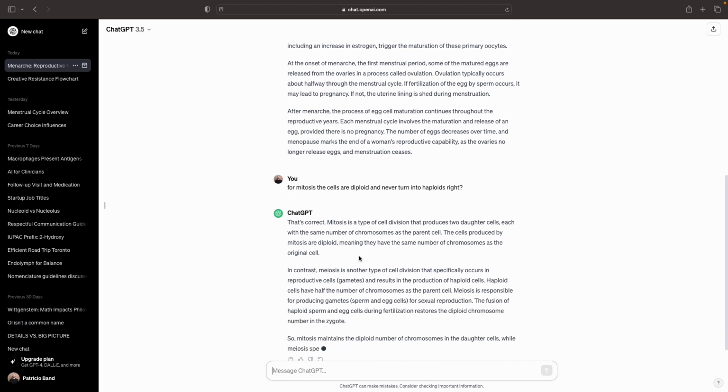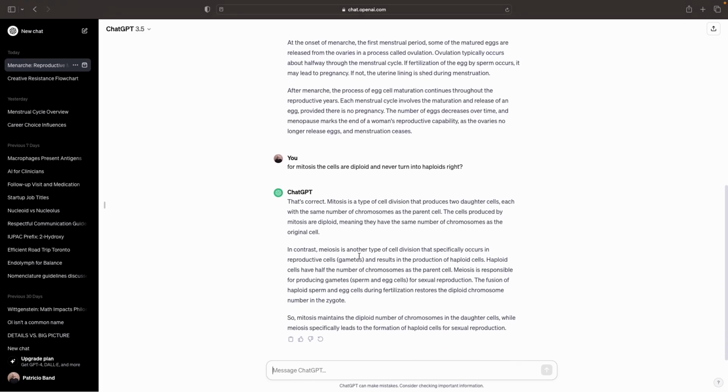Mitosis is a type of cell division that produces two daughter cells, each with the same number of chromosomes as the parent cell. The cells produced by mitosis are diploid. In contrast, meiosis is another type of cell division that specifically occurs in reproductive cells, gametes, and results in the production of haploid cells, which have half the number of chromosomes as the parent cell.